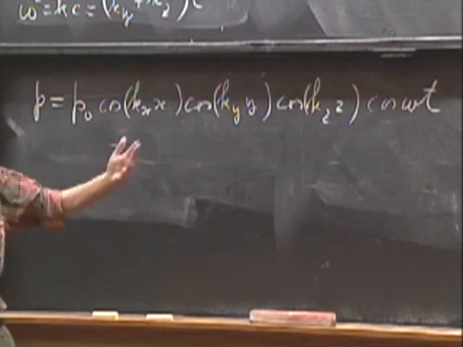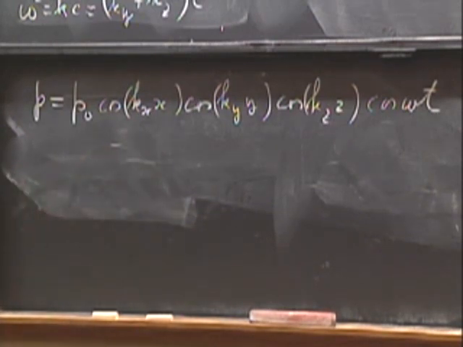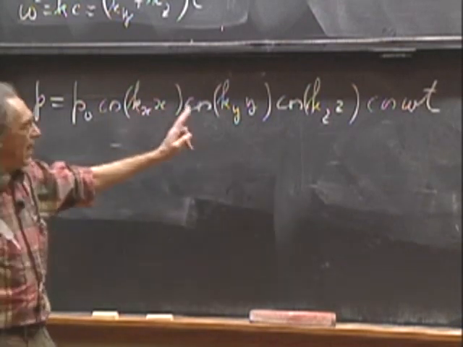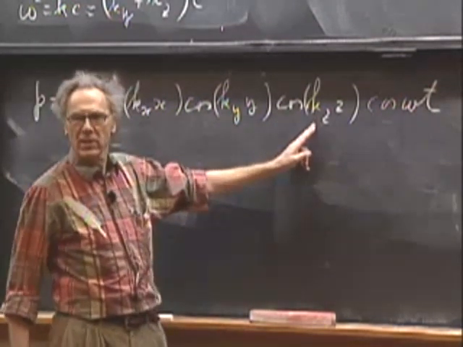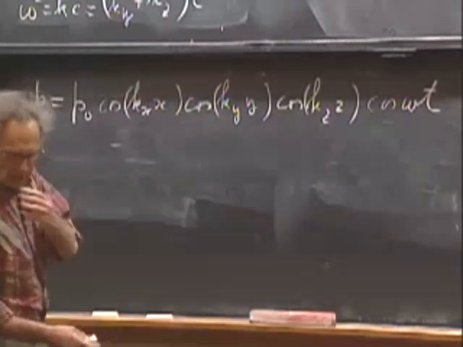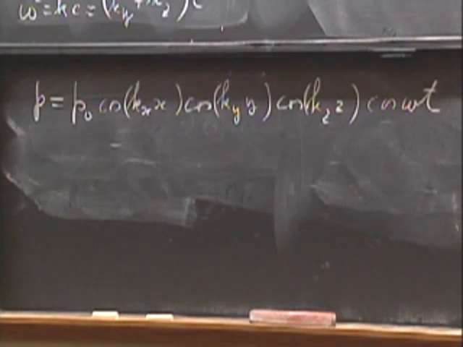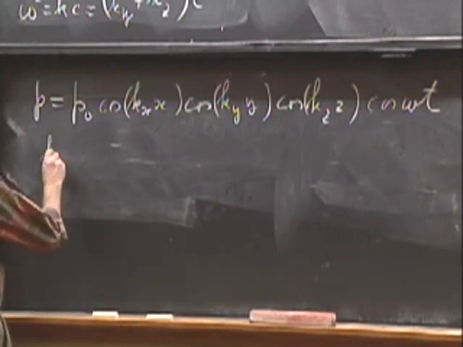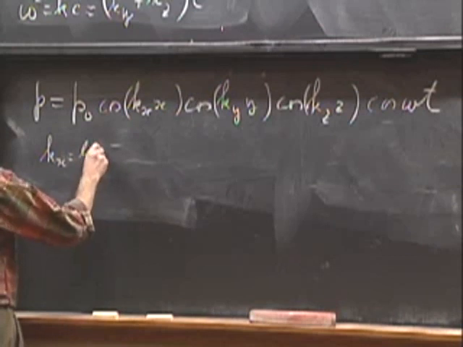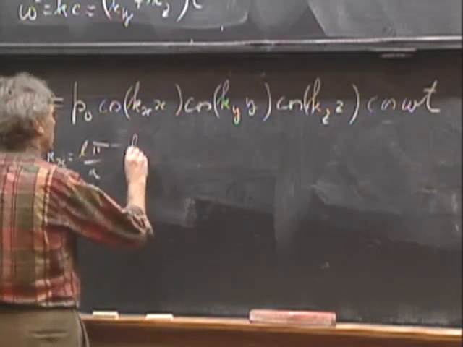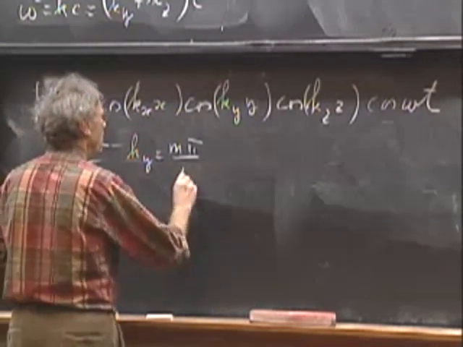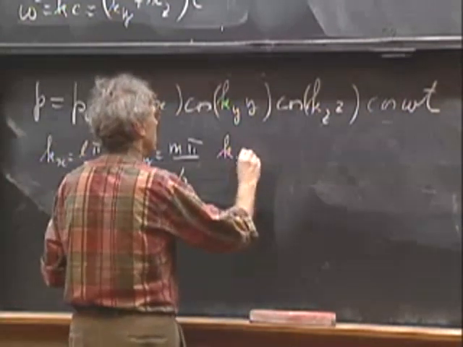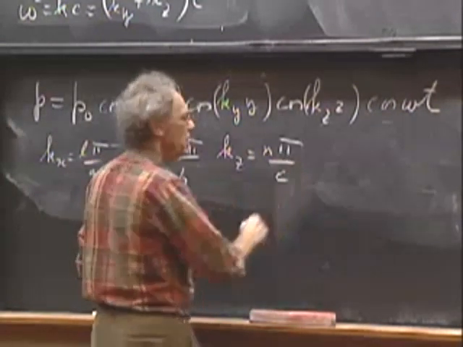In complete analogy with what I wrote on the blackboard there, I must have pressure antinodes at x equals 0 and at x equals a, at y equals 0 and y equals b, at z equals 0 and z equals c. And so my boundary conditions require that kx is Lπ/a, that ky equals Mπ/b, and that kz is Nπ/c.